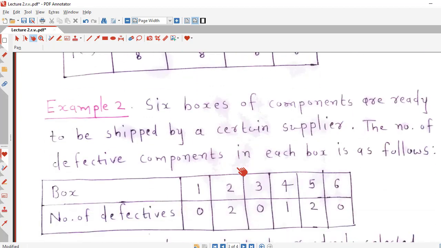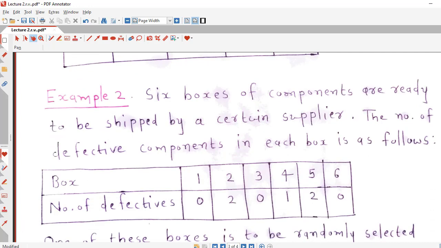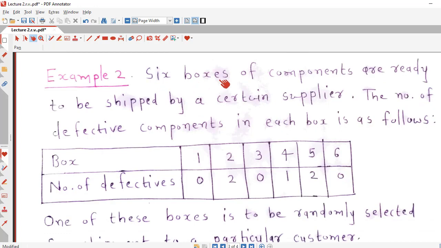Let us take another example to find the probability mass function of a discrete random variable. So in example 2, what is given? 6 boxes of components are ready to be shipped by a certain supplier. There are 6 boxes of components.